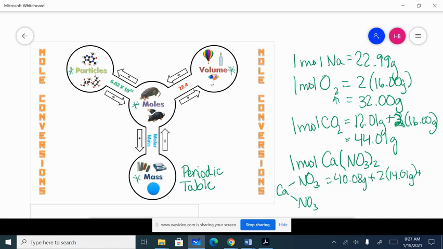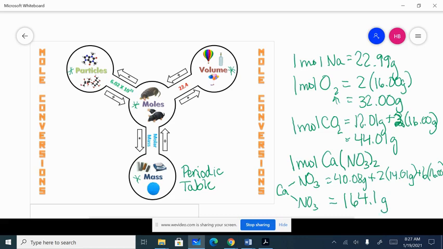And I have 6 oxygens, not 5, 6 oxygens at 16. Add those all up, and I'm going to round my answer to 4 digits at 164.1 grams.